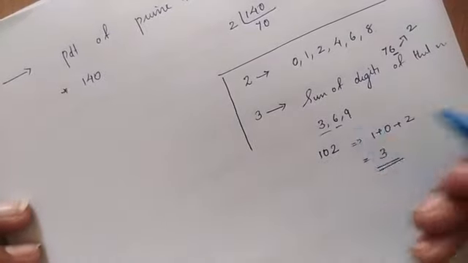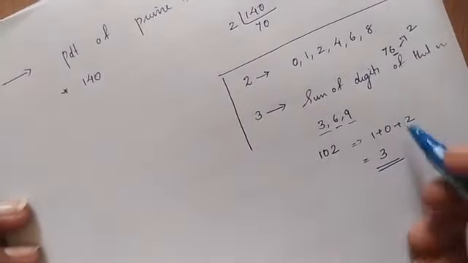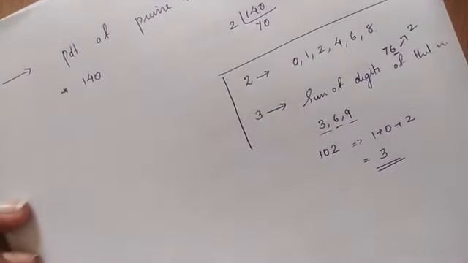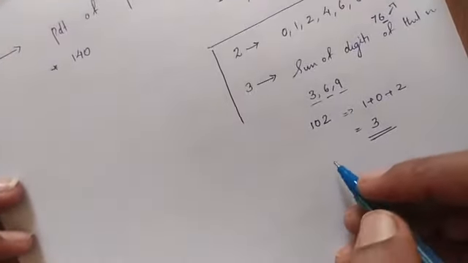If the sum becomes 6 or 9, we can say that 3 is a factor of the number. Another example, 123. The sum is 6, so we can say that 3 is a factor of 123.